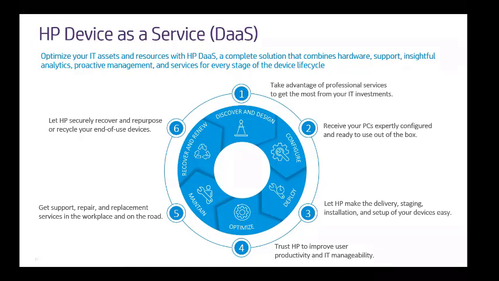So that's what would happen with the computers when they come back. Instead of being resold, they would go to another device as a service customer who didn't need the latest and greatest. It would save that customer money, and it would also reduce HP's need to manufacture more PCs.